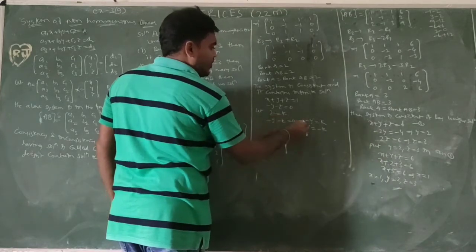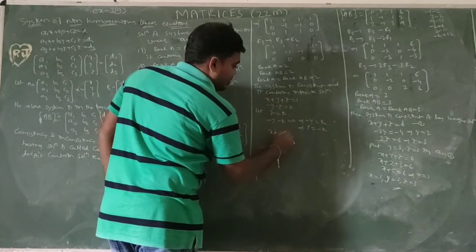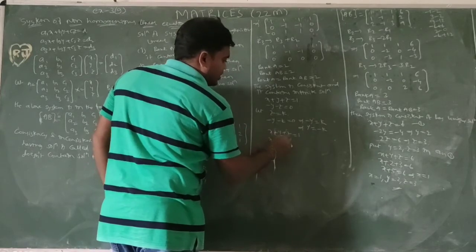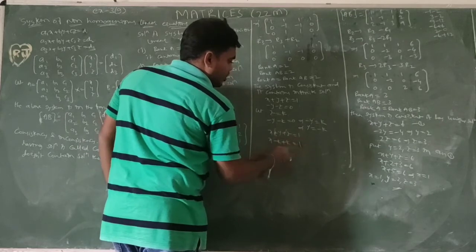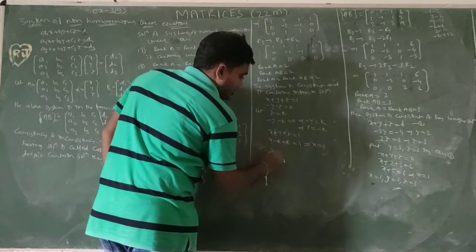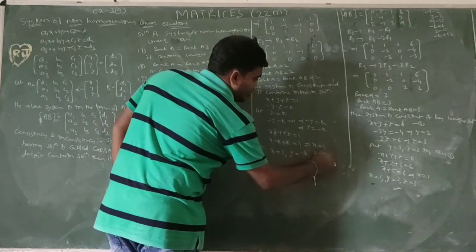Then x plus y plus z equals 1: x plus minus k plus k equals 1. So k cancels, x equals 1. Therefore x equals 1, y equals minus k, z equals k.